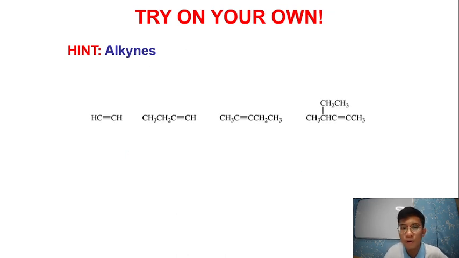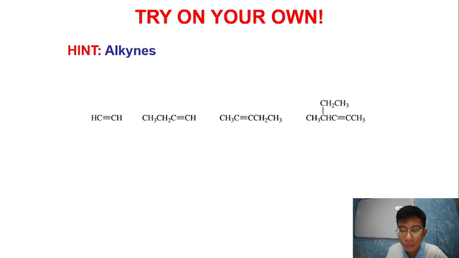And this one is for your alkynes. So as you can see, there's a presence of your triple bond. Okay? So, in order to be proficient dun sa naming natin, sa nomenclature natin ng organic compounds, you really need to try. You need a lot of practice. Okay?